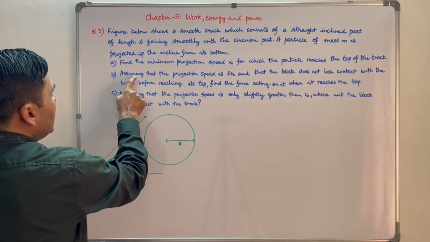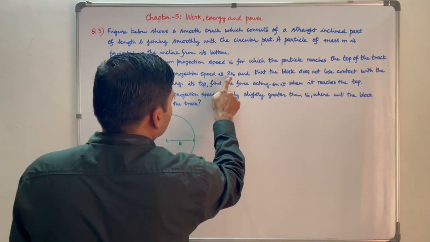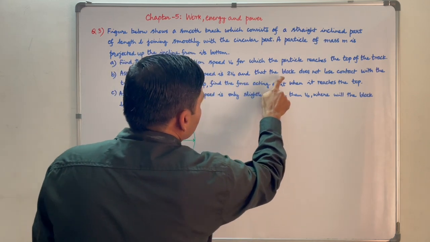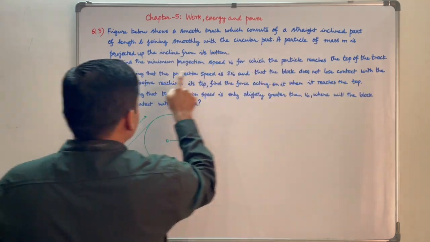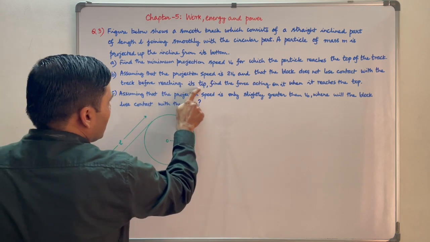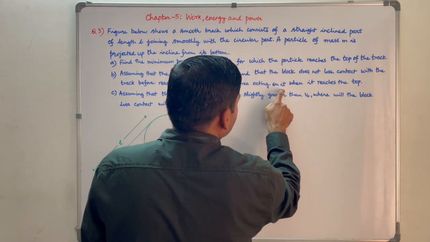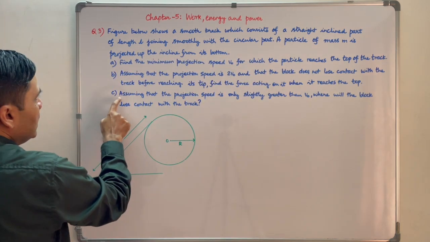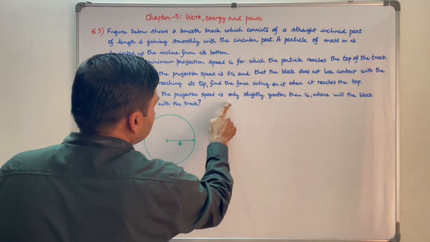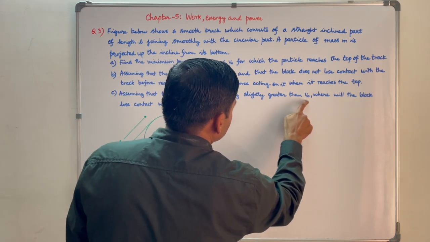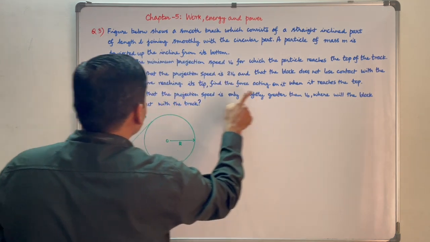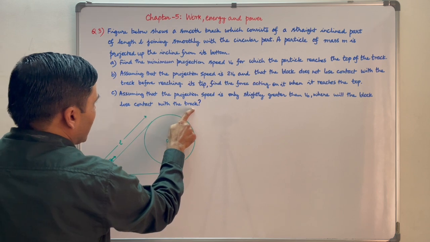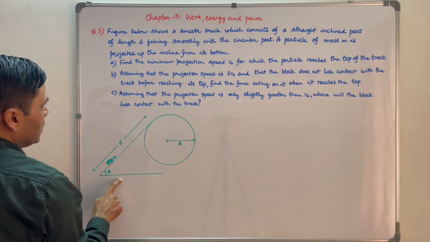Part B. Assuming that the projection speed is 2v0 and the block does not lose contact with the track before reaching its top, find the force acting on it when it reaches the top. Part C. Assuming that the projection speed is only slightly greater than v0, where will the block lose contact with the track? This is the figure given.